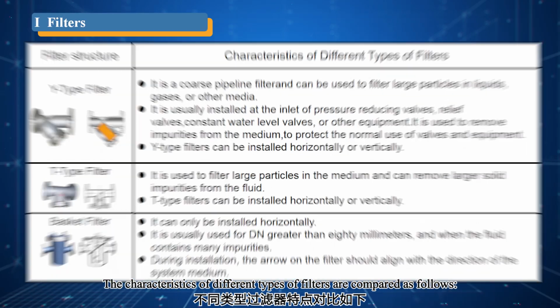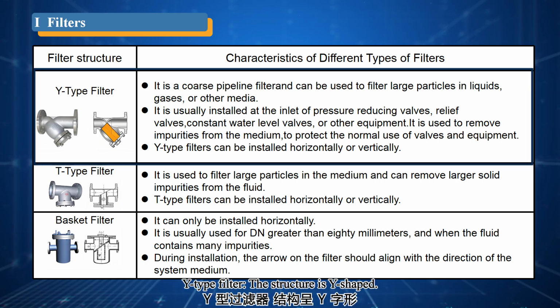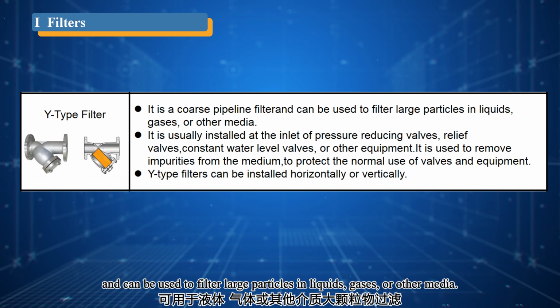The characteristics of different types of filters are compared as follows. Y-type filter. The structure is Y-shaped. It is a coarse pipeline filter and can be used to filter large particles in liquids, gases, or other media.